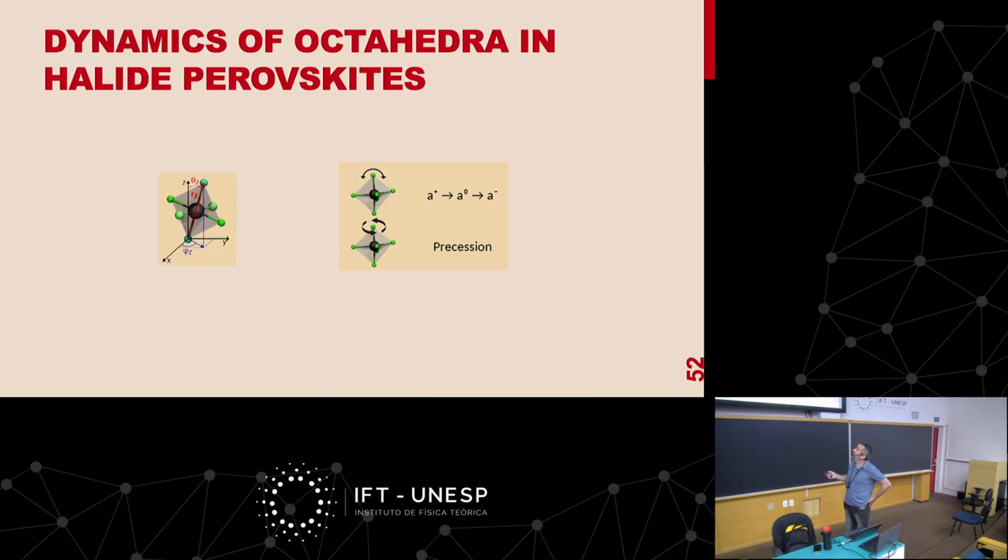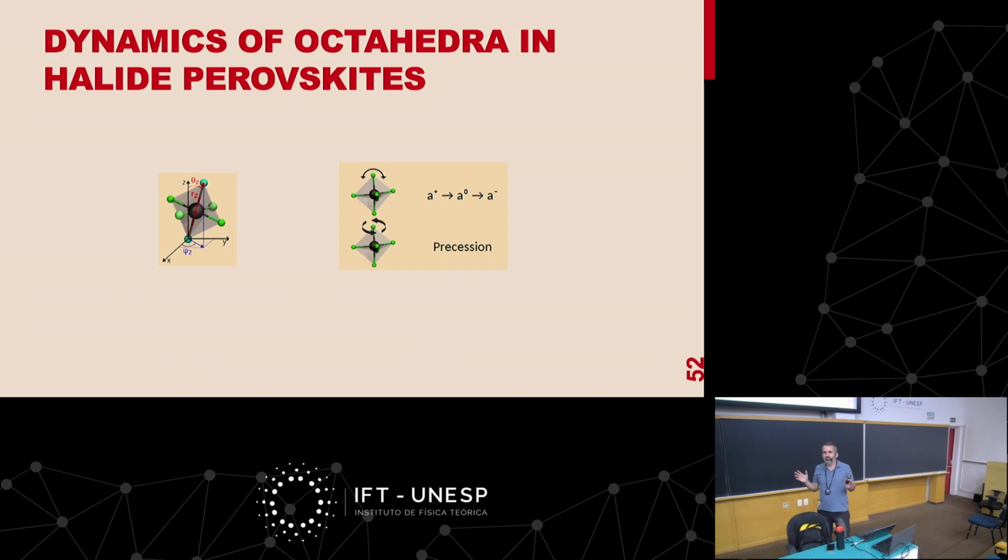We are doing some work with Alexandre about the precession dynamics in halide perovskites. We should submit this paper soon. So I think from all the topics I've shown you today, this is the one that is going to last longer, and it's already being used by a lot of different groups, okay?